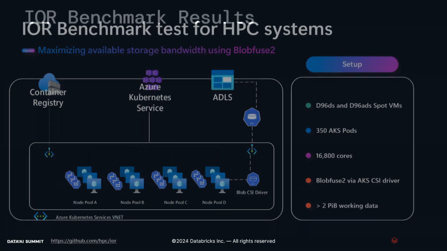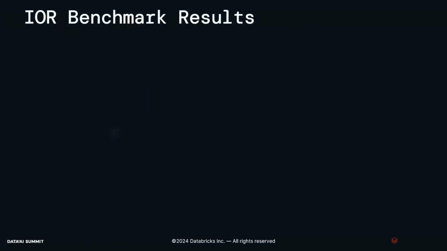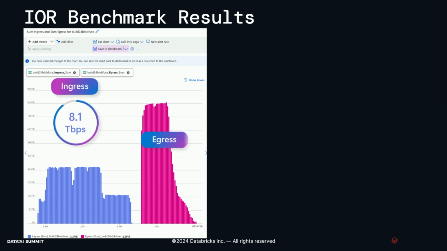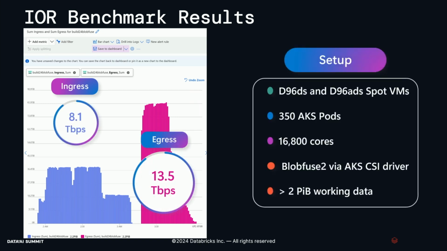It was a single storage account that we essentially connected via Blobfuse 2, and these were the results. It's not visible here, but we were able to achieve a peak ingress of 8.1 terabits per second and peak egress of 13.5 terabits per second.